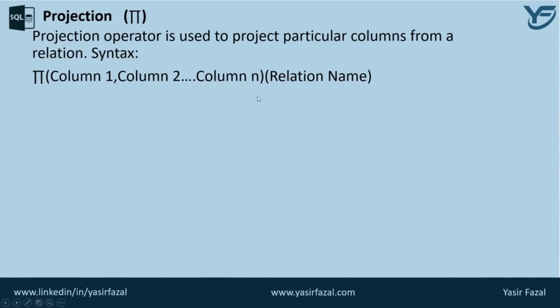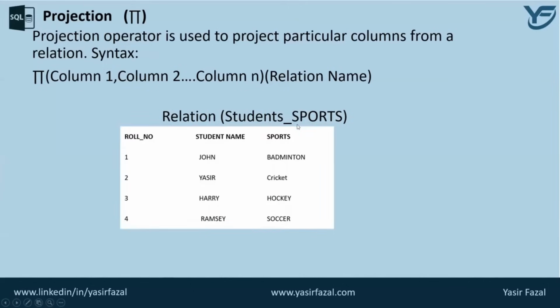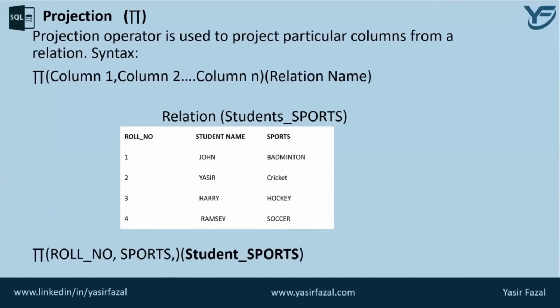Let us understand this concept with an example. I have a relation named students_sports. In this relation, I have the roll number, student name, and the related sport that they are playing. I need to extract the roll number column and the sports column.